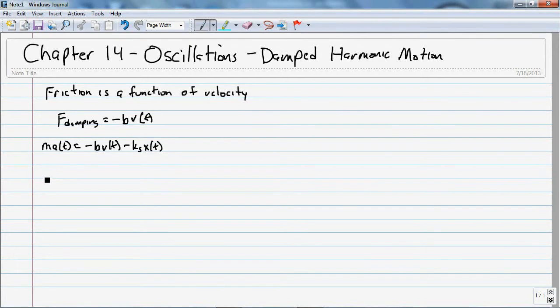And put it into a standard form, that gives us mass times the second derivative for the distance, plus our friction coefficient times the velocity, which is the first derivative of our distance.